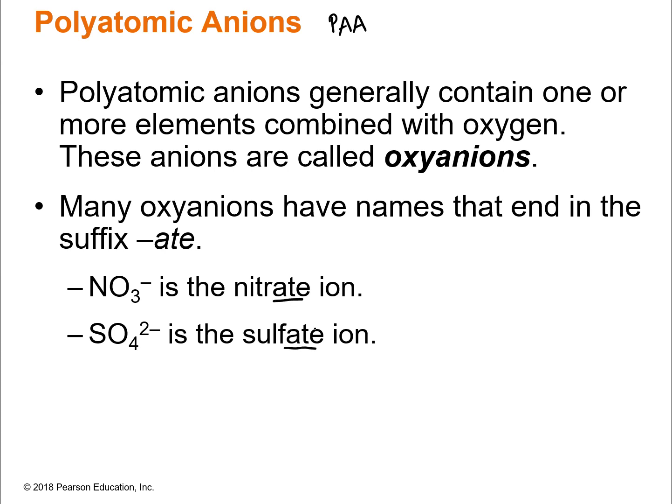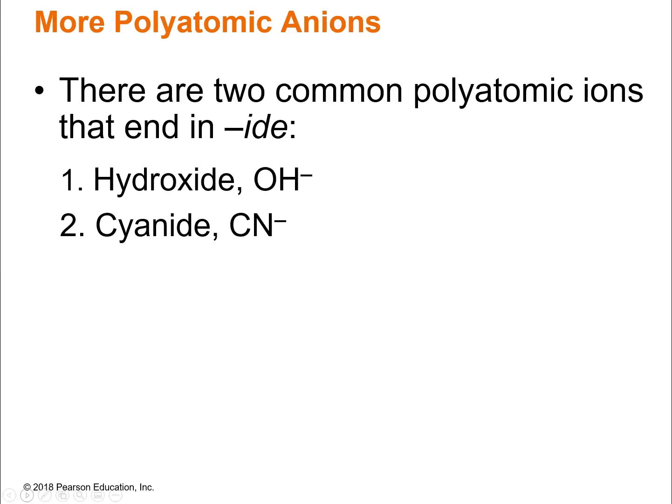So NO3 minus, that is the nitrate ion. SO4 2 minus is the sulfate ion. But there are some outliers. Hydroxide and cyanide end in IDE. So that still tells you that it's an anion. They just don't have the ATE like a lot of the other ones do.